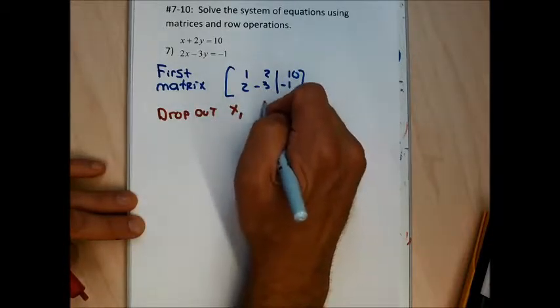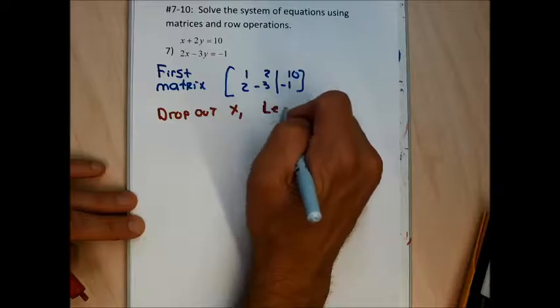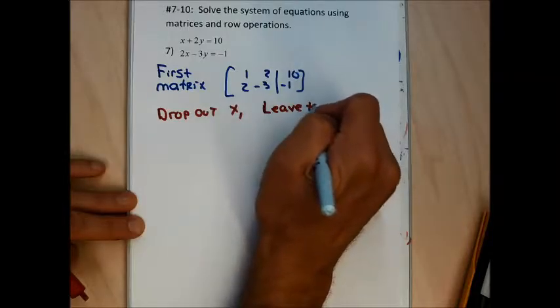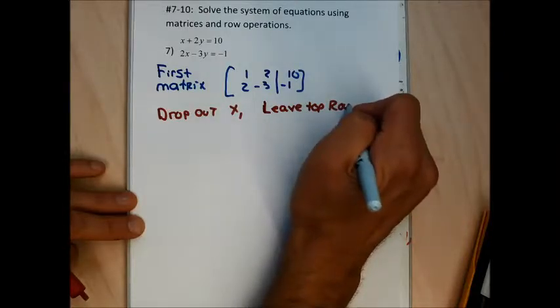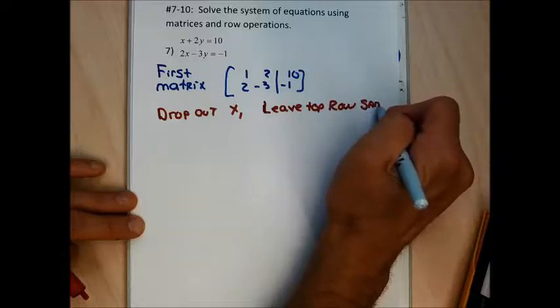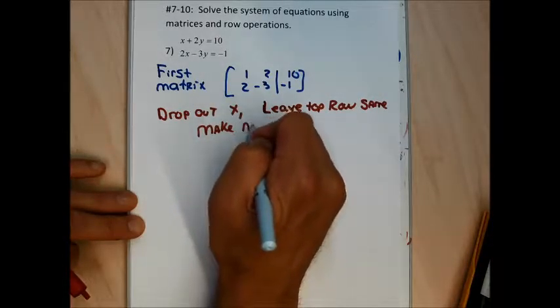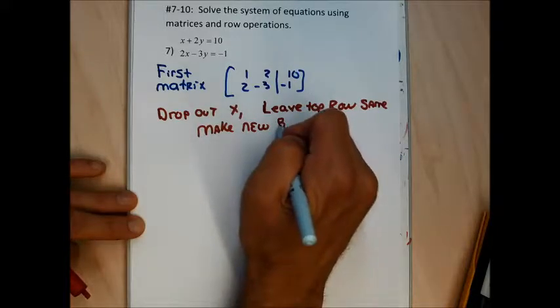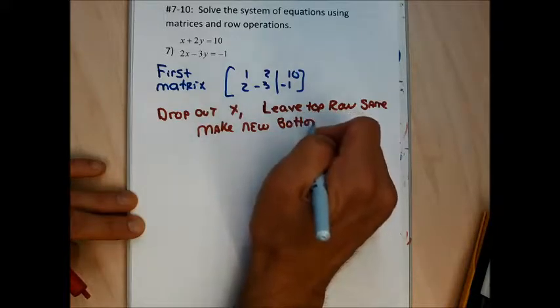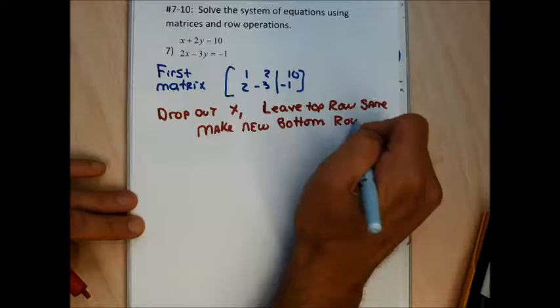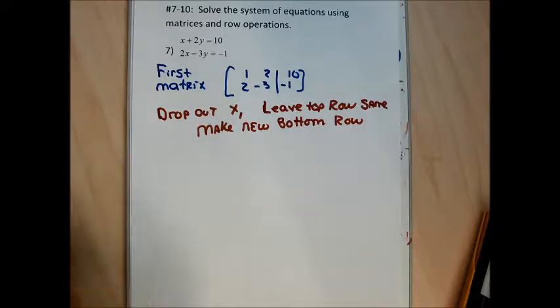I'm going to leave the top row the same and make a new bottom row. So as I go to do these, I'm going to get a first matrix, a second matrix, and the third matrix will be the answer matrix.